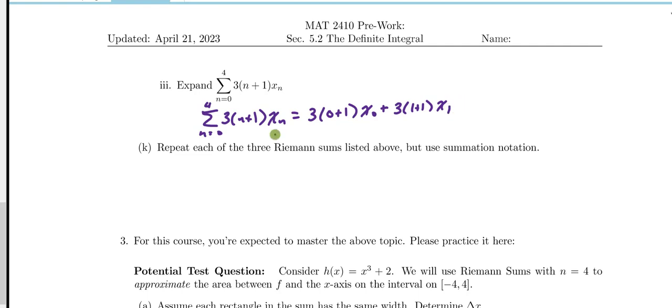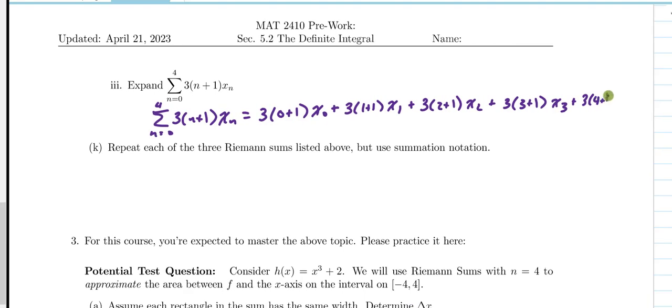Then we'll bump our counter up to 2. So again, everywhere I see an n in this formula, I'm going to replace the n with a 2. So I get 3 times 2 plus 1, x of 2. Now my counter's at 3, so I'll replace this n with a 3 and this n with a 3. So that's 3 times 3 plus 1, x of 3, plus, and then lastly we get 3 times 4 plus 1, x of 4.